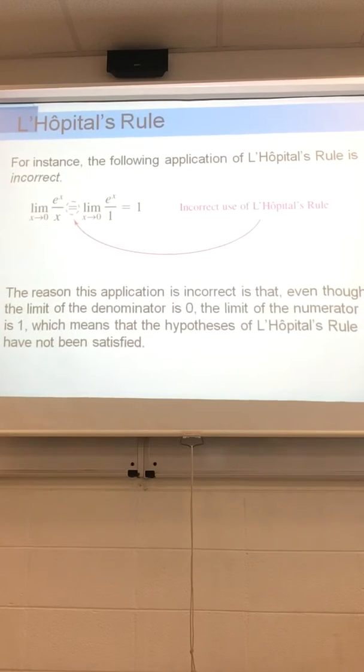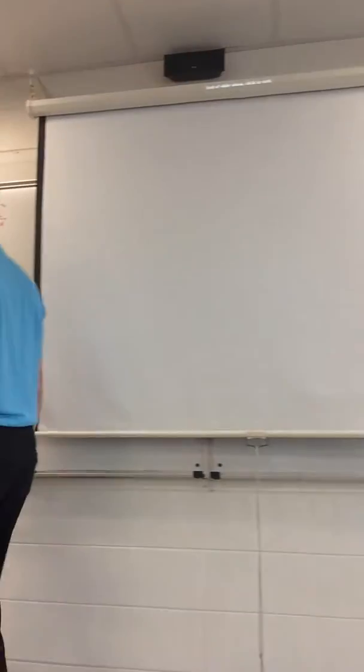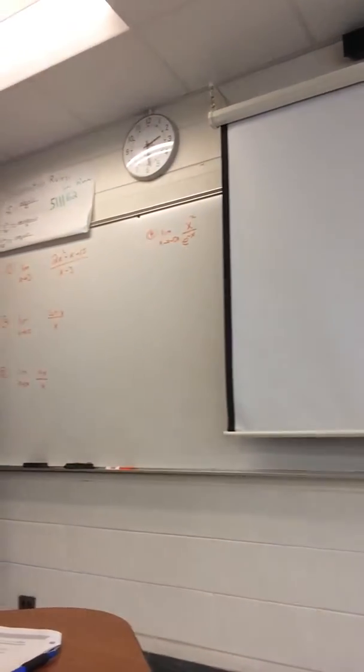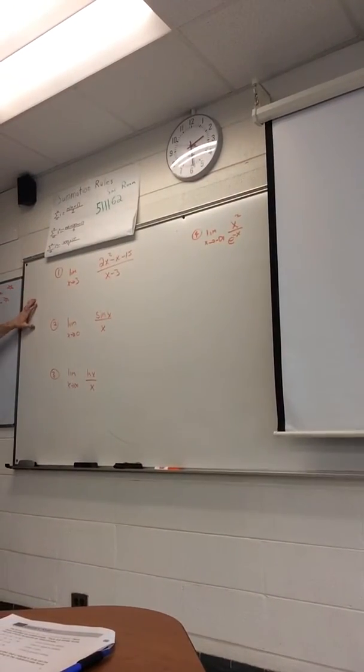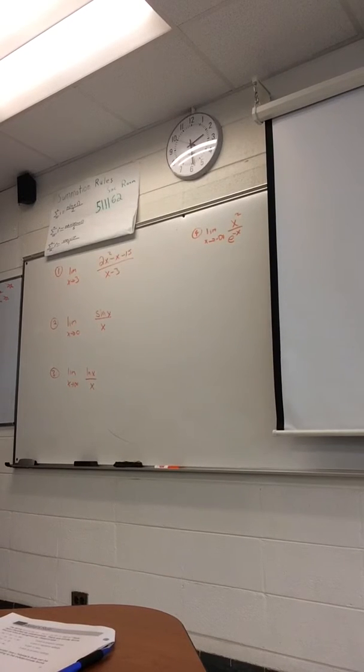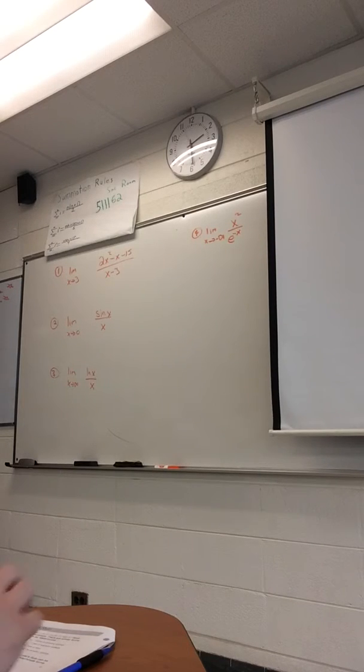So now that we have that down, I have these 4 examples I want to do. First example: if I put 3 in, I get a 0 in the denominator, so I can't just do direct substitution to find its limit. So let's go ahead and find the derivative of the top and derivative of the bottom.